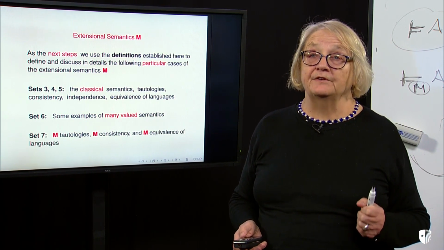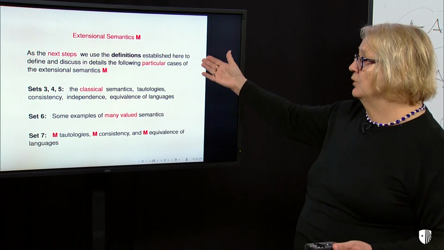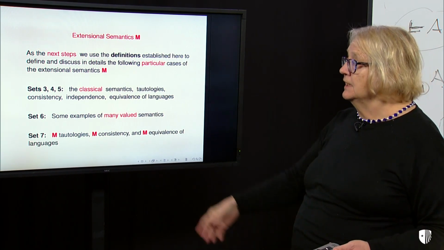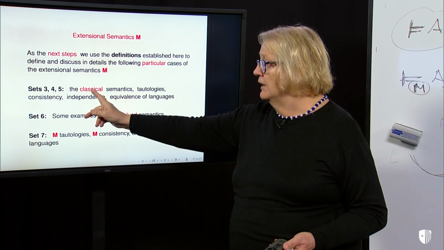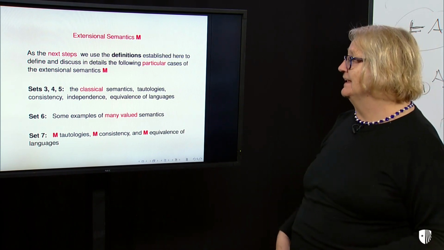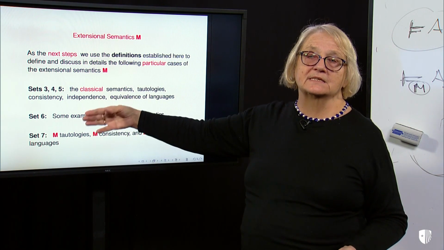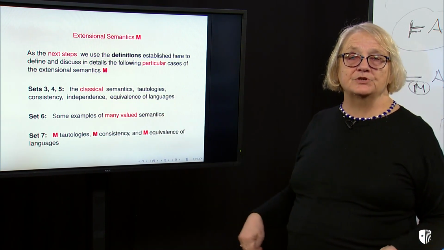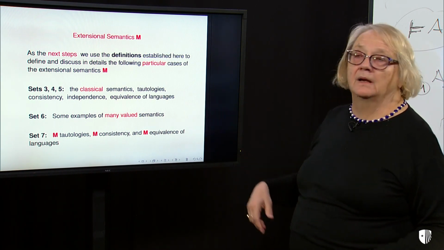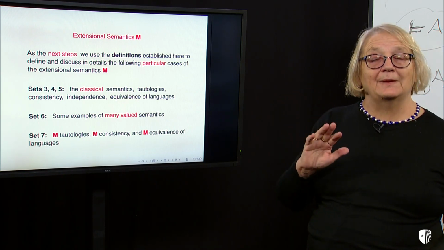And in the next steps of definition, we discuss the following cases. In sets 3, 4, 5, we do the classical. So you have a nice example. We will define the classical tautology. They will talk about consistency, independence, equivalence of languages. Now, we give some examples of many-valued semantics. We study three-valued semantics.